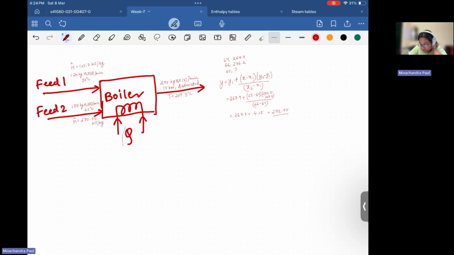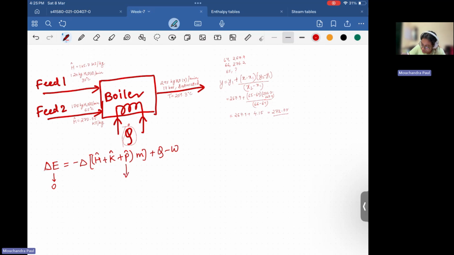We have to calculate the value of Q, right, in kilojoule per minute. That is the heat flow rate we have to calculate. Now, the general equation of energy balance for an open system is this. We have already used this expression several times now. Delta E is 0, right? There is no accumulation.